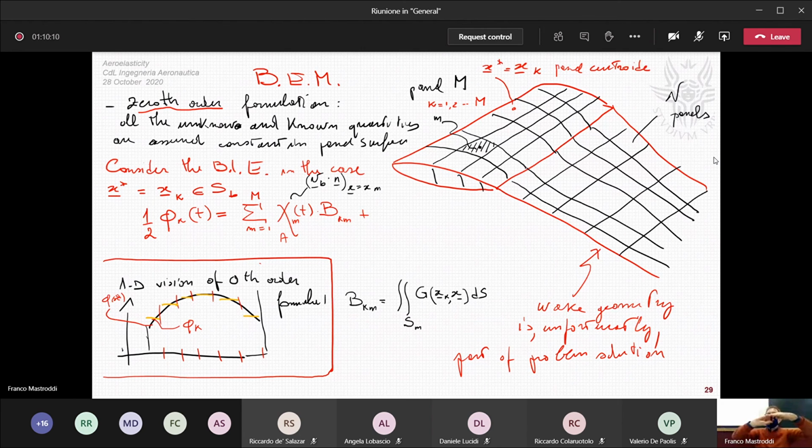The normal is coincident with the vertical, and so you have the downwash. But if you have a thick body, not reduced to a surface, but a body, you have a normal wash. Okay? So this is also known as normal wash.